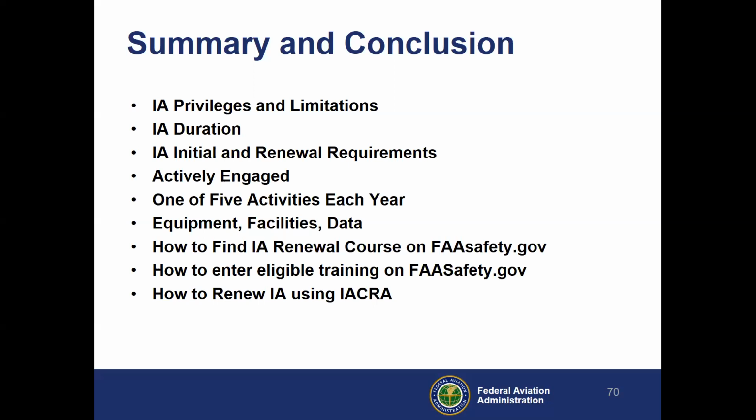We also reviewed that the regulation requires you to have the equipment, the facilities, and the data. And then we looked on FAAsafety.gov and saw how to get the IA renewal course list. We also saw that you can go on Social Flight and pick courses from there, and some of them have credit as well. We looked at how to enter eligible training on FAAsafety.gov that will go towards your AMT award. And then last, we looked at how to actually renew your IA using the IACRA system.